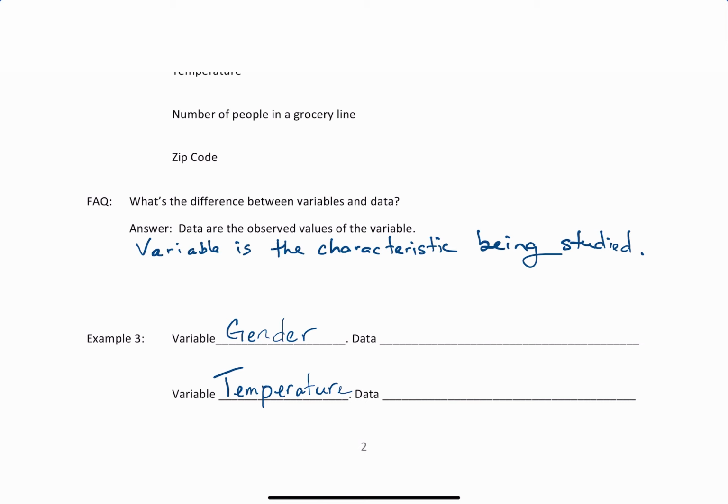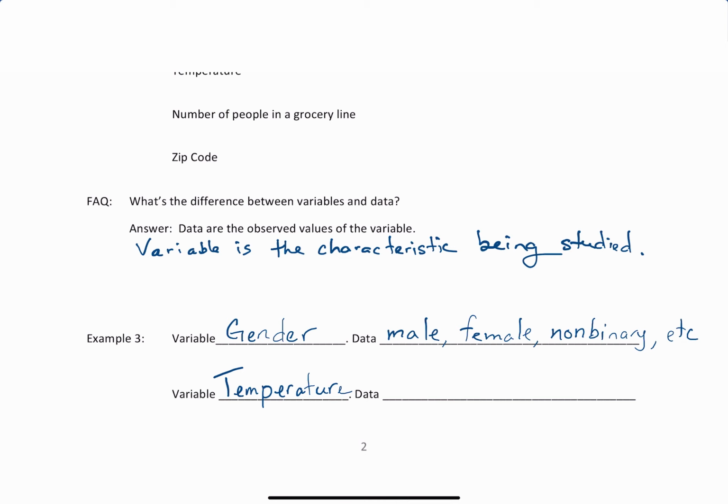In the example above, the first variable was gender. So we have some population of people, and a characteristic of each individual in the population would be gender. Then the data, suppose you surveyed them as to their gender, a person could say male, so that would be a data value, or perhaps female, that would be another data value, or perhaps non-binary, that would be another data value, and etc., whatever all the possible answers are. The next variable was temperature.